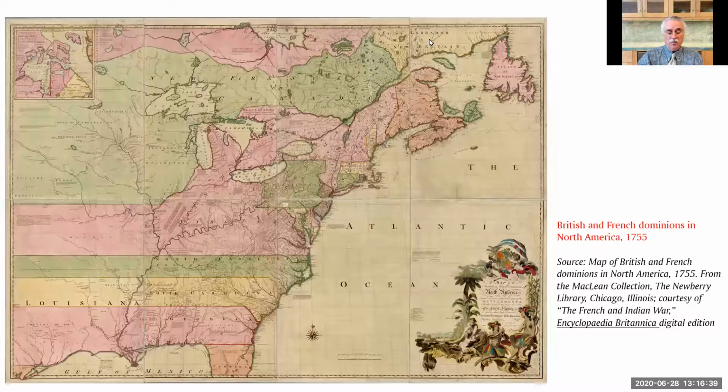Now, the French and Indian War, the 7 Years' War that began in 1754, took place because England and France were struggling to see who could control the interior.